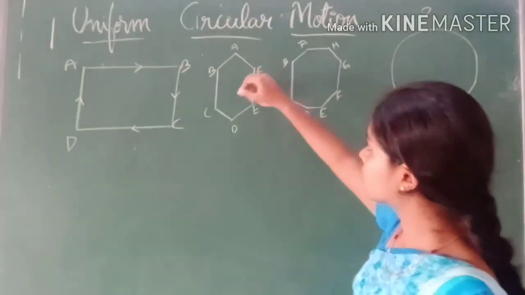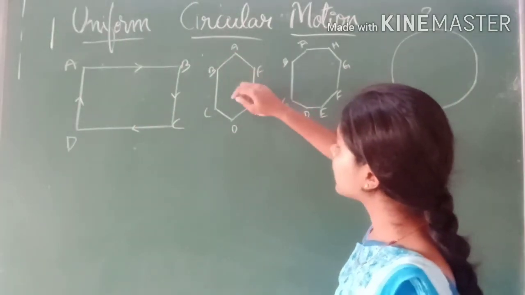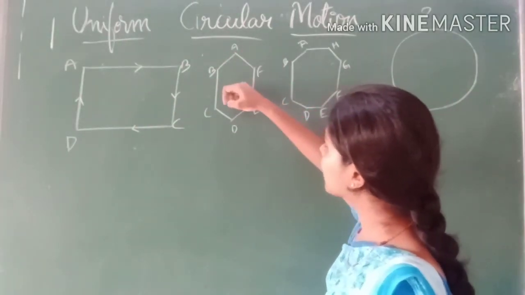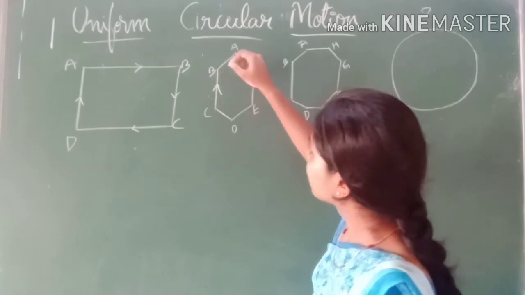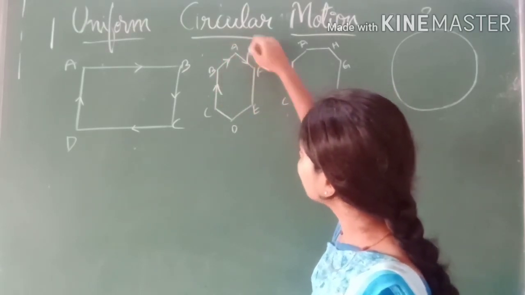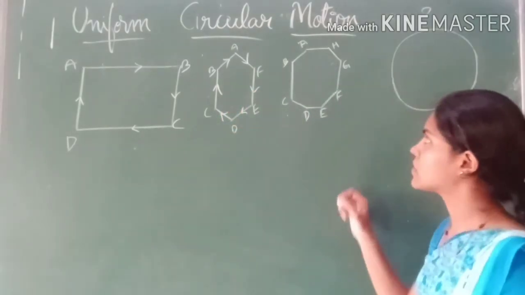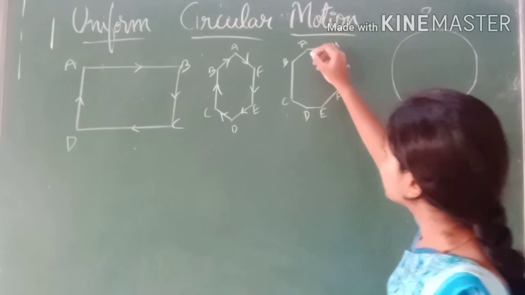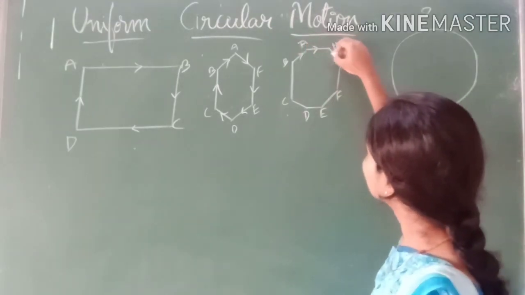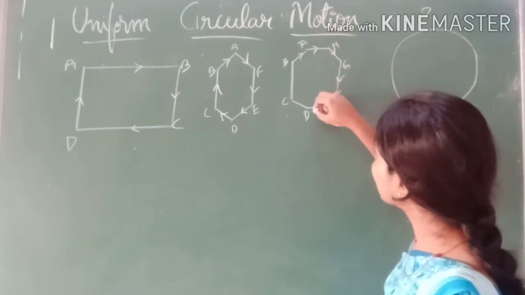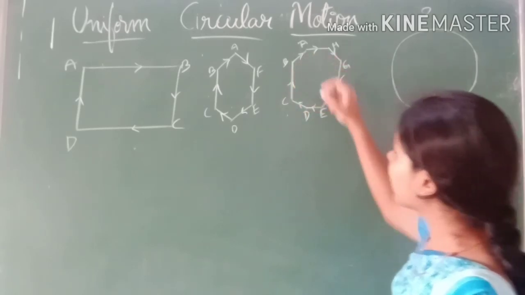If the object is circulating around a hexagon, how many times does it change direction? 1, 2, 3, 4, 5, 6. 6 times. In case of an octagon, it has to change direction 8 times.